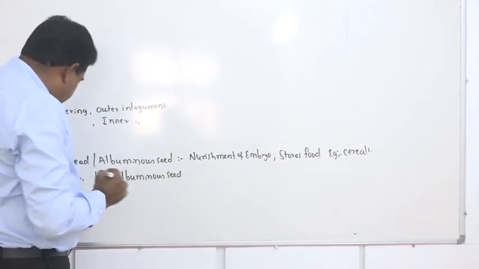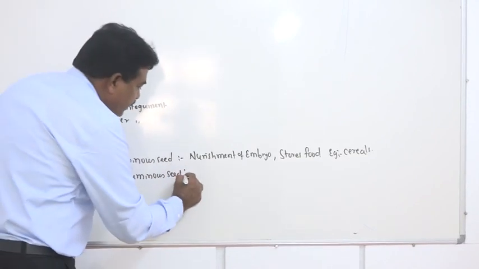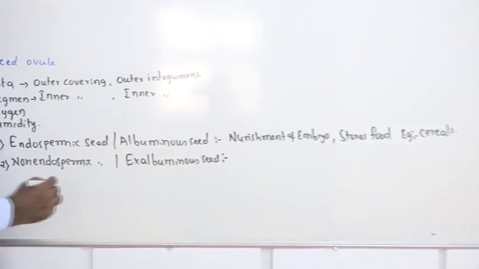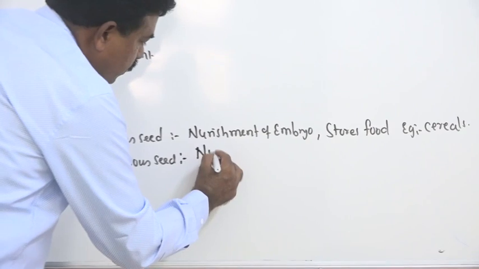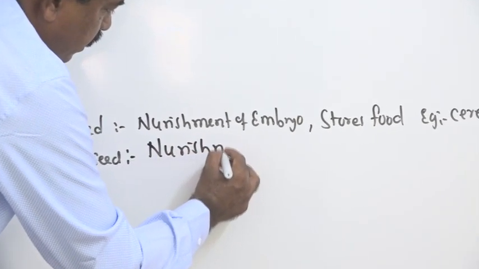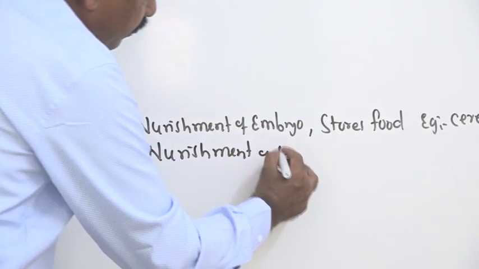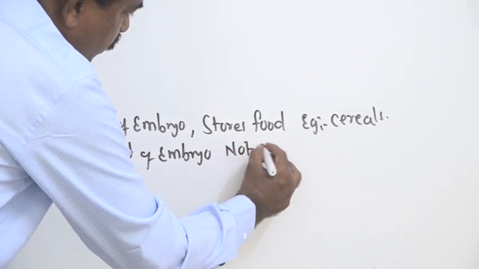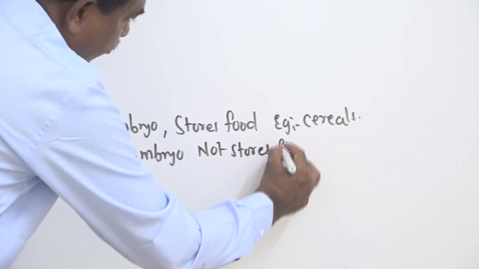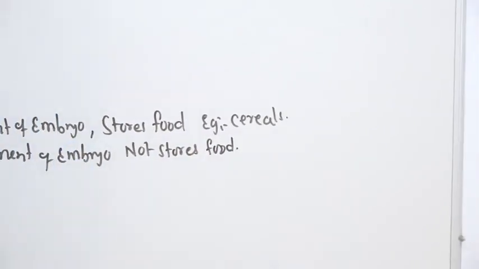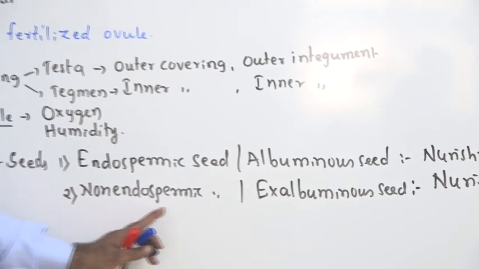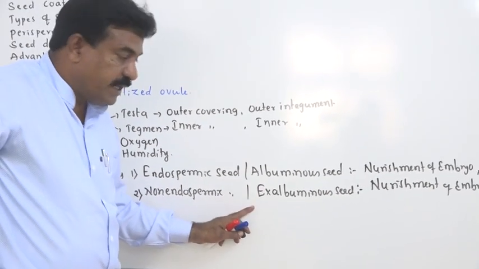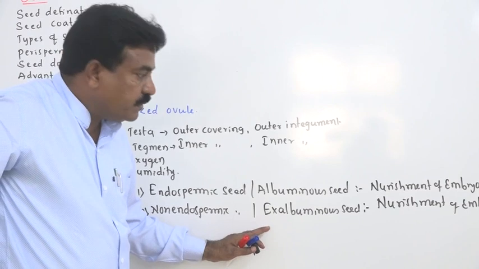If you take exalbuminous or non-endospermic seed, in this case what happens? Only endosperm helps in nourishment of embryo, but does not store food. That means in these seeds, the stored food material is present in cotyledon, but not endosperm.